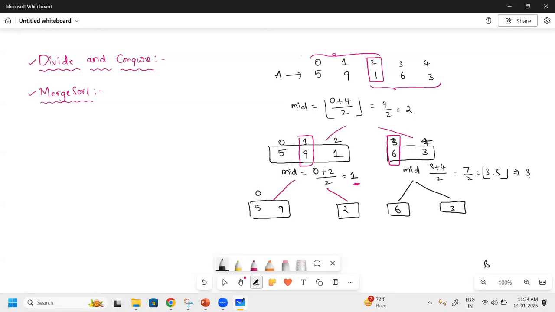This is index 0 and this is index 1. Mid equals 0 plus 1 by 2, whose value is 1 by 2. I am going to take its floor value, which is 0. So I take the zeroth index as the mid position, and I am going to divide this one.